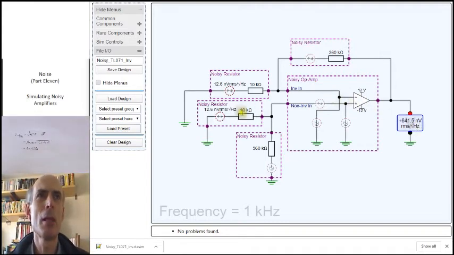Turn those on and we get 641 nanovolts out. Add in all of the other contributions and it goes up to 725, which is not a huge difference, and most of that difference is caused by the input equivalent noise of the op-amp itself. It's quite fun and instructive to play around with these things.